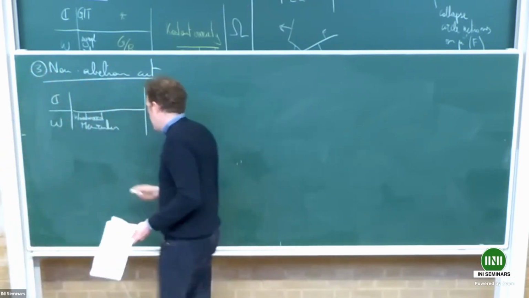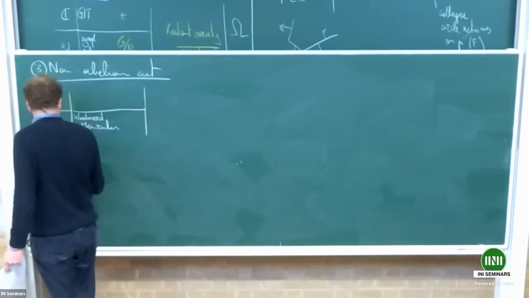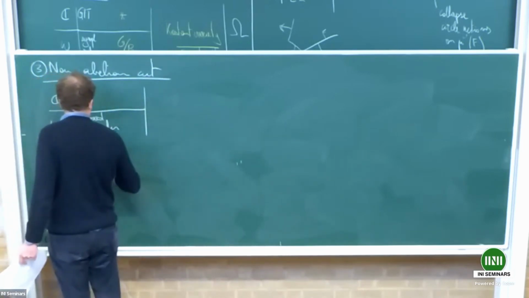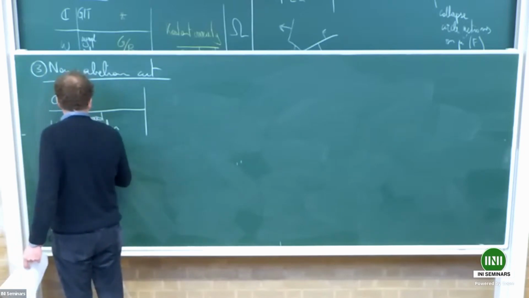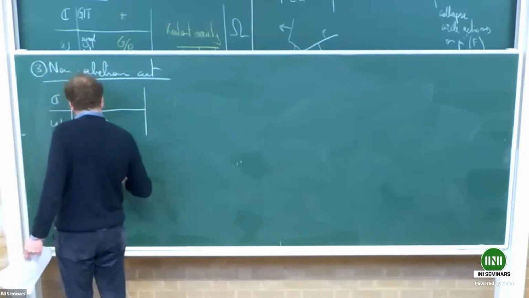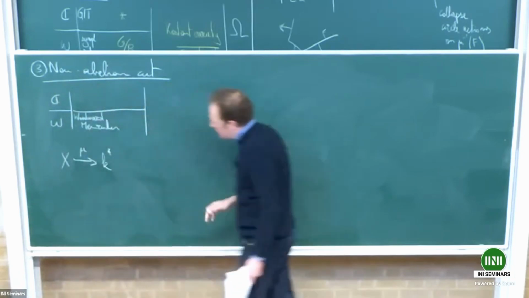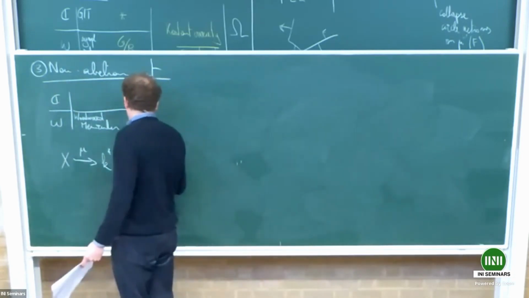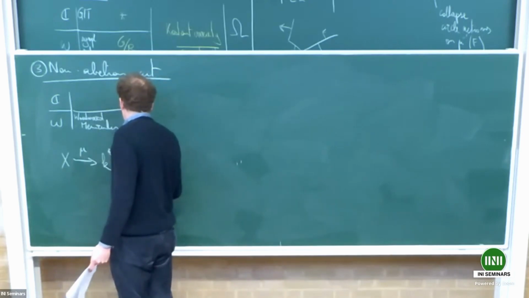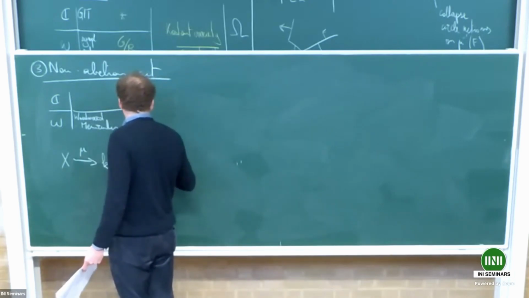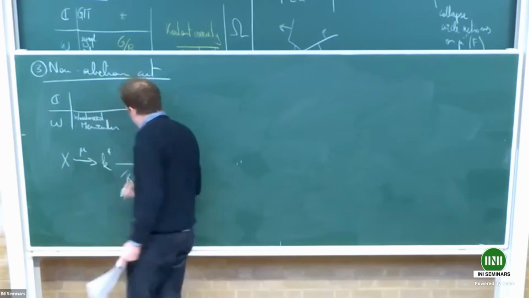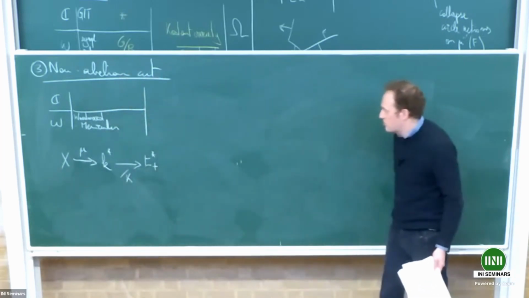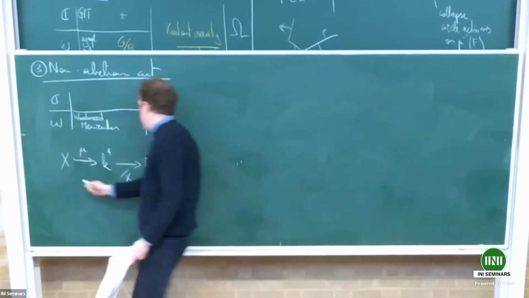And so what you have to do now is you look at your space X, which has a moment map into the dual of the Lie algebra now, which is non-abelian, but then you quotient this further, you collapse the coadjoint action further, and that gives you a map to the positive Weyl chamber in the dual. So I'll call this map phi.